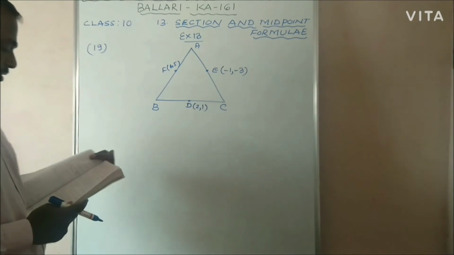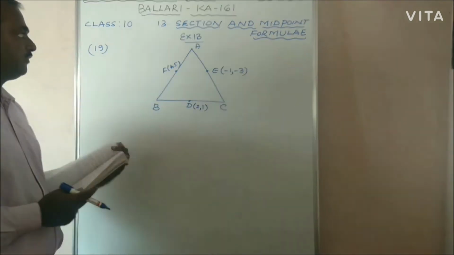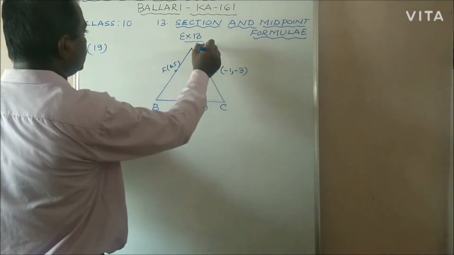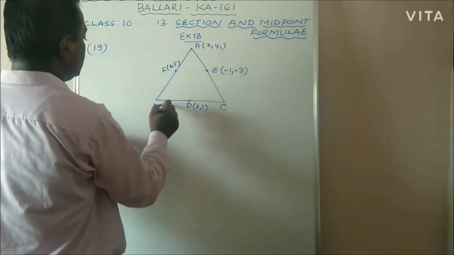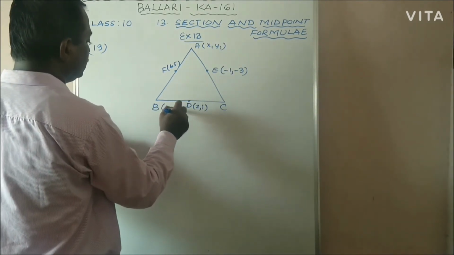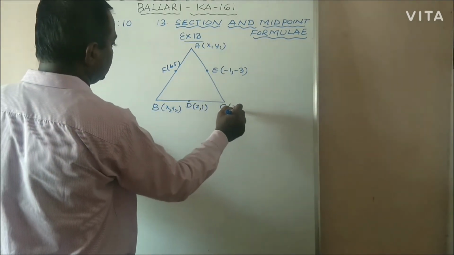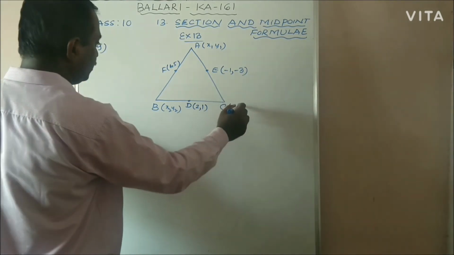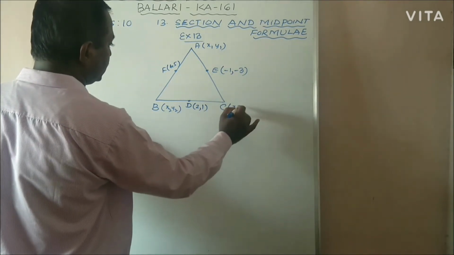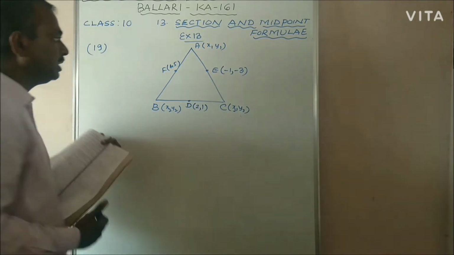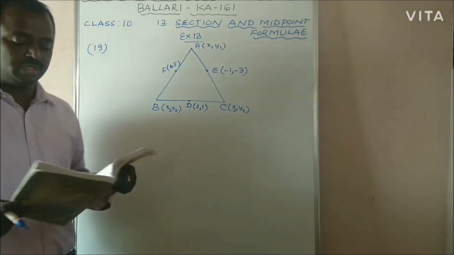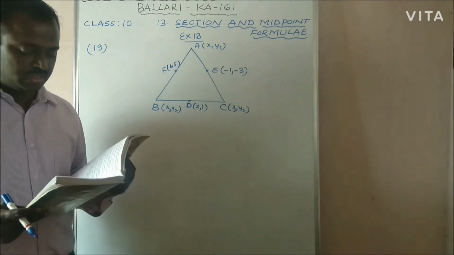They are given the midpoints. Find the coordinates of A, B and C. So this is x1, y1, x2, y2, and we don't know x3, y3. We have to find out the coordinates of A, B and C.